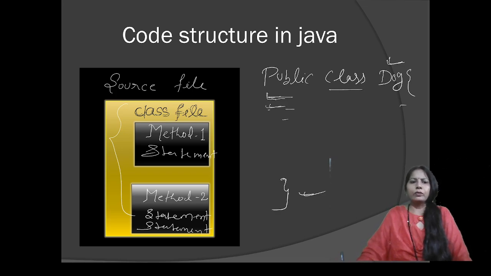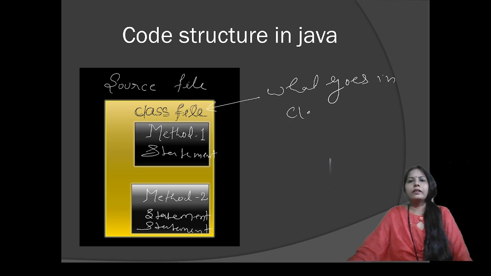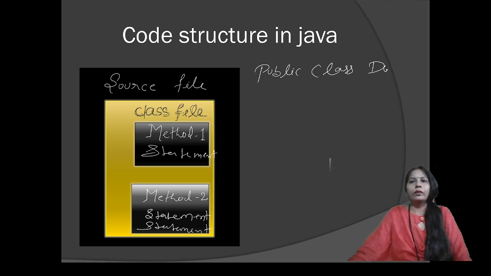Now the second question should arise: what goes in the class file? Here the source file holds the class. Simple. Now the class holds methods. So your class will hold a method, like here you write public class dog.